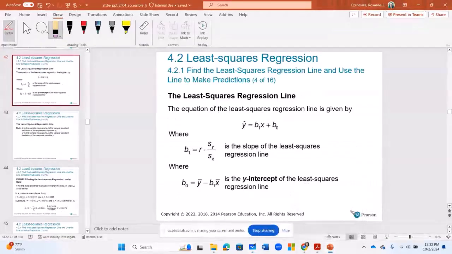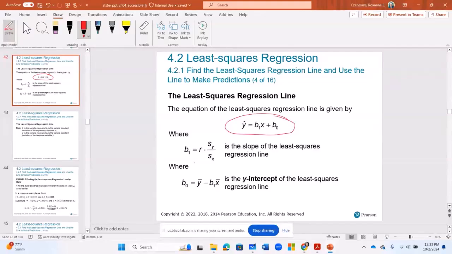If you go to section 4.2 PowerPoint, and you go to slide 42, you see the formula for the predicted y is equal to b1x plus b0, where b1 is the slope, and it's actually explained: b1 is equal to the coefficient of correlation multiplied by the standard deviation of y over the standard deviation of x.